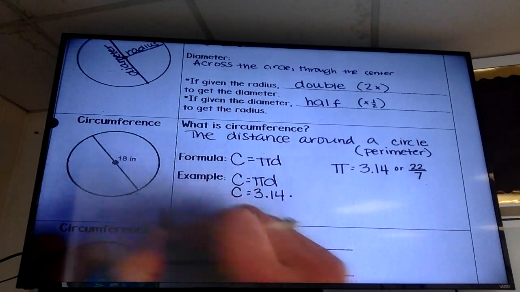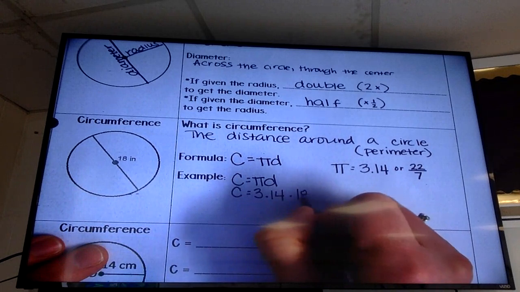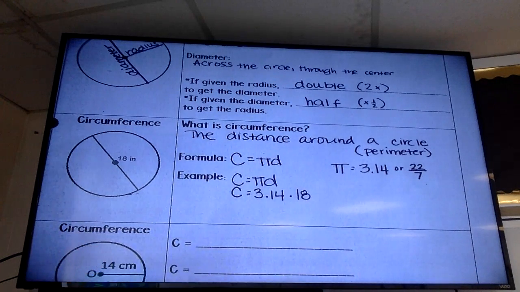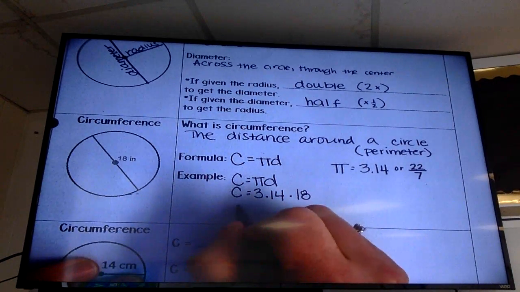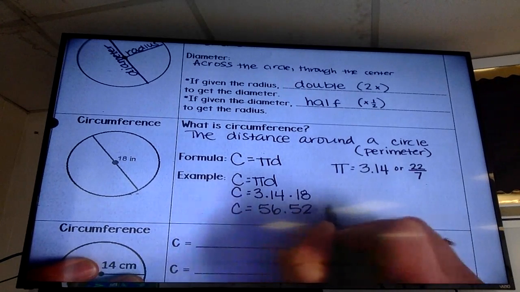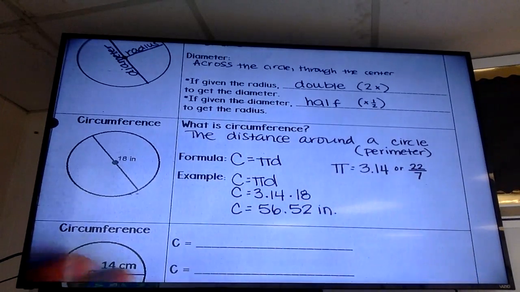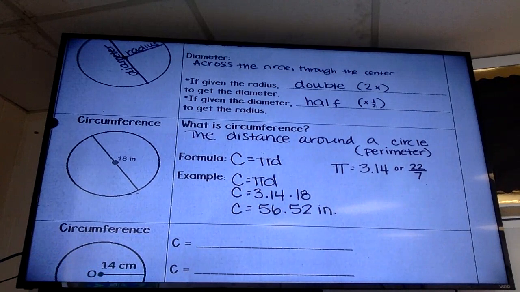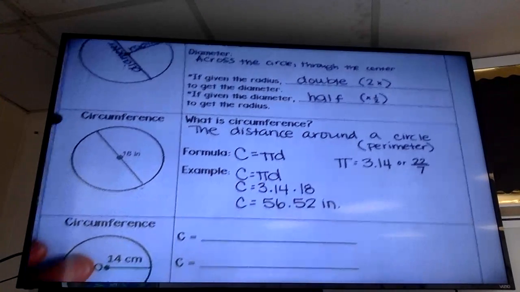And in this case, we know the diameter is 18. So times 18. So I'm going to say 3.14 times 18. That gives me the circumference is 56 and 52 hundredths inches. And I don't want you rounding unless it says specifically in the directions to round. So my circumference is 56 and 52 hundredths inches.